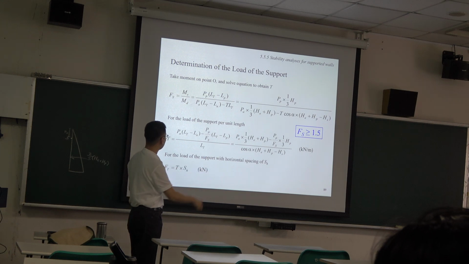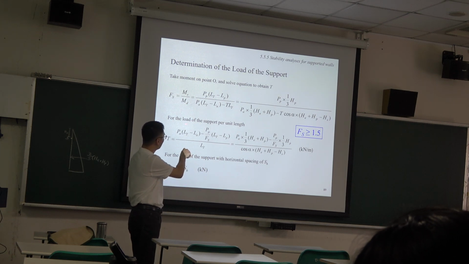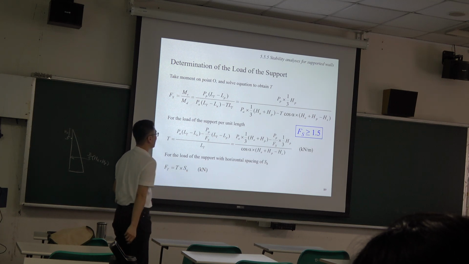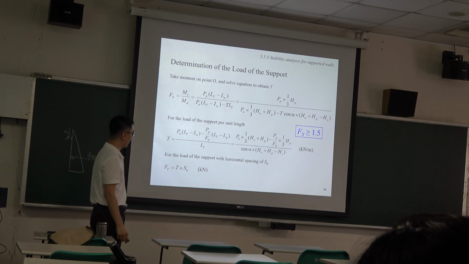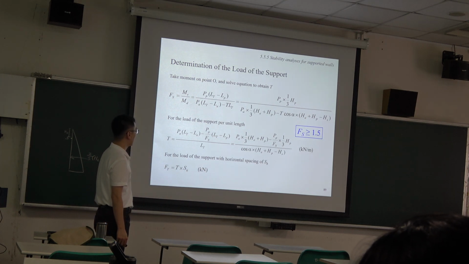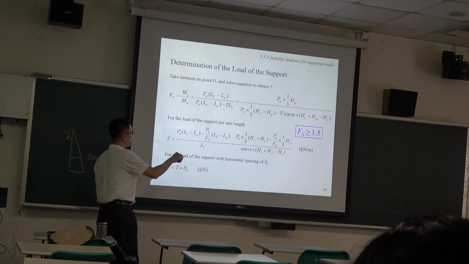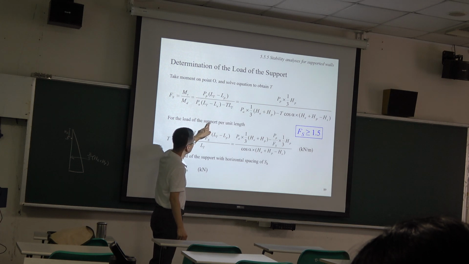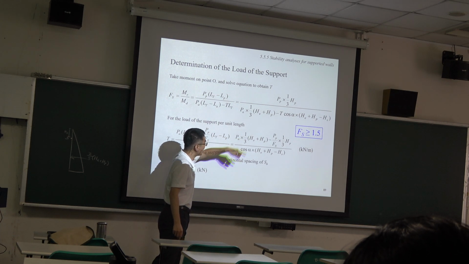Once we obtain T, we can use this way also by considering factor of safety 1.5, and then check the load for the support per unit length.